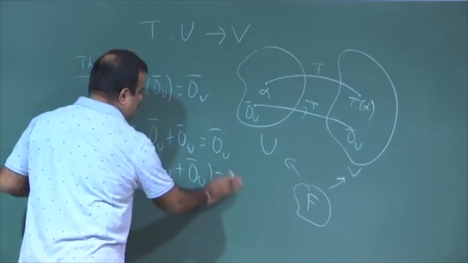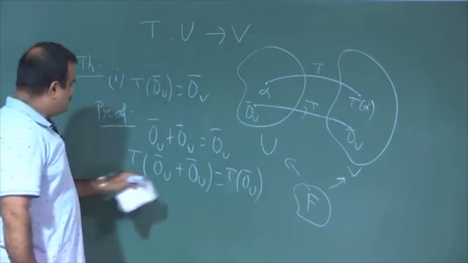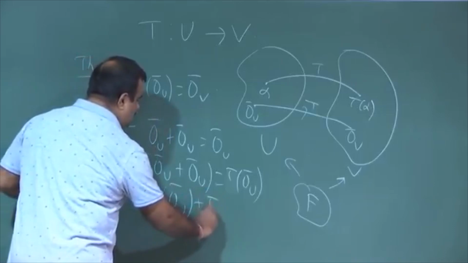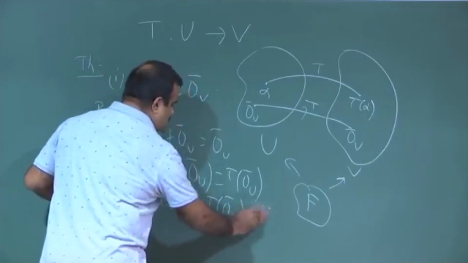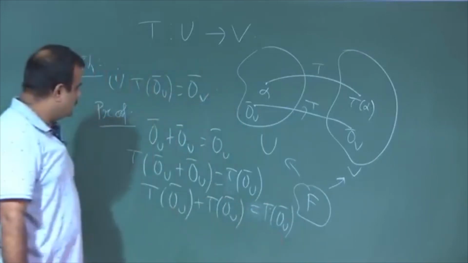So, this is T of 0_U. Now, since T is linear, T of 0_U plus T of 0_U is equal to T of 0_U.